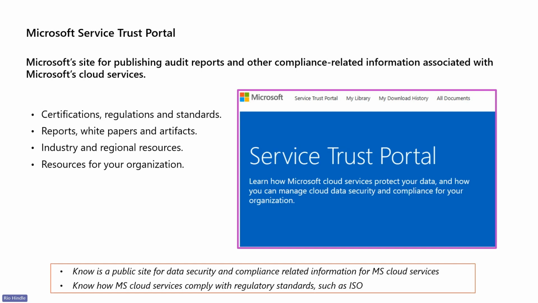There's also reports, white papers, and other known artifacts, such as business continuity and disaster recovery information, pen test information, and security assessment attestation of penetration tests, as well as privacy and data protection resources, white papers, and answers to any frequently asked questions. That's the Service Trust Portal.